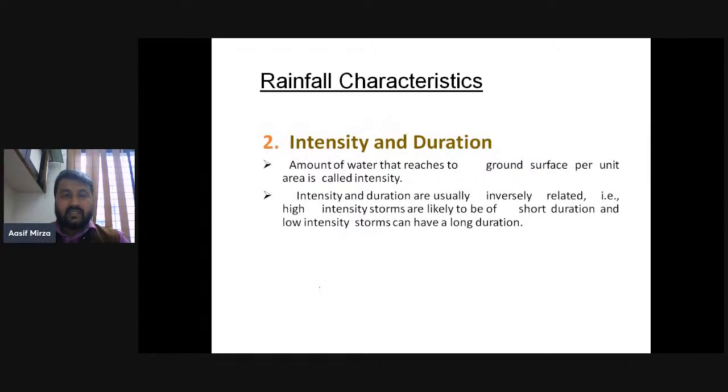The second characteristic of rainfall is intensity and duration. The amount of water that reaches the ground surface per unit area is called intensity.